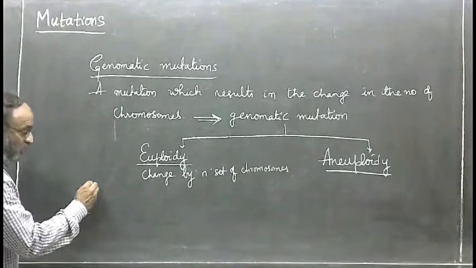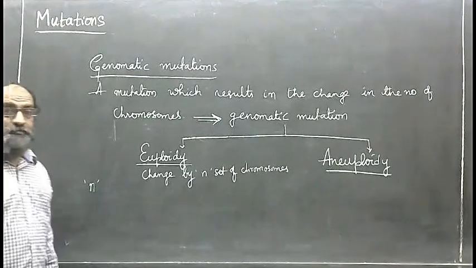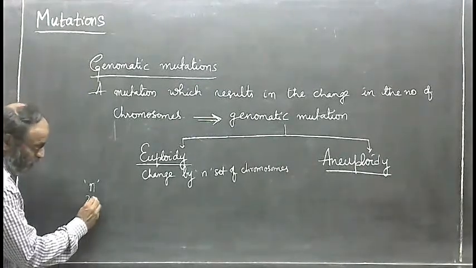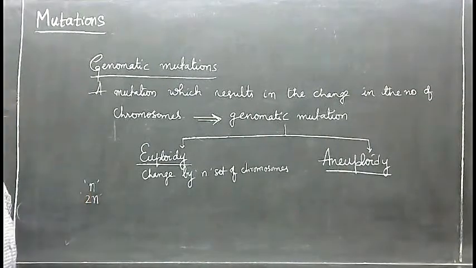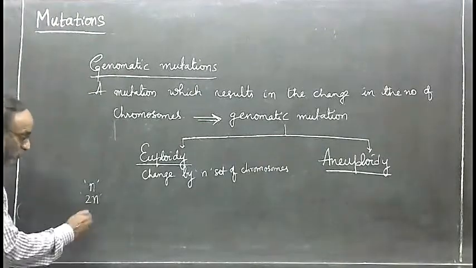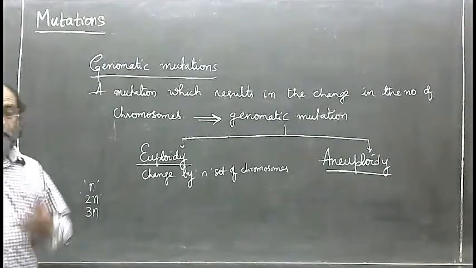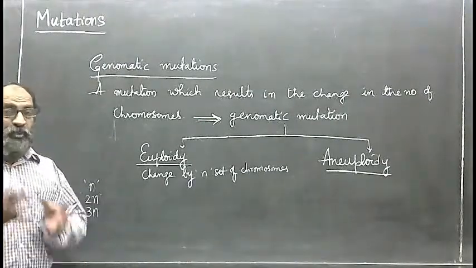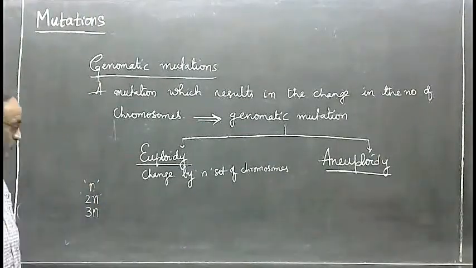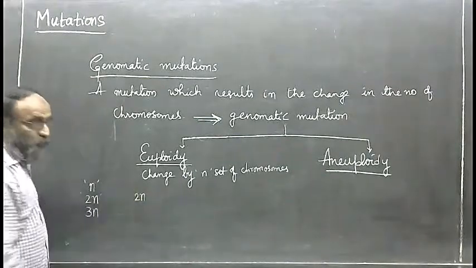If a cell has n set of chromosomes, it is haploid. If a cell has 2n set of chromosomes, then it is diploid. If a cell has 3n set of chromosomes, then it is triploid. Say for example, the cell is diploid.